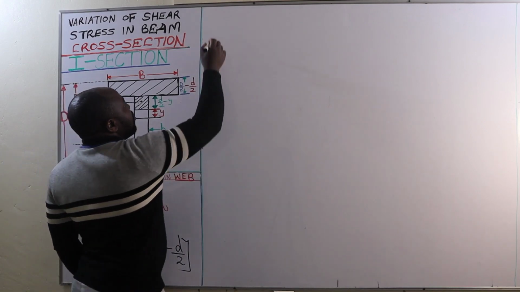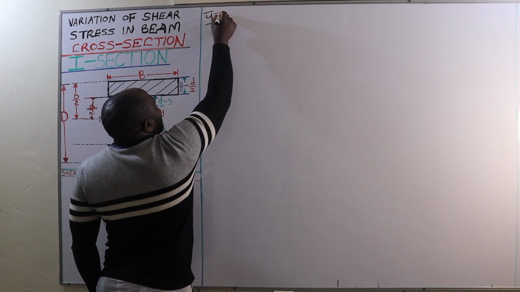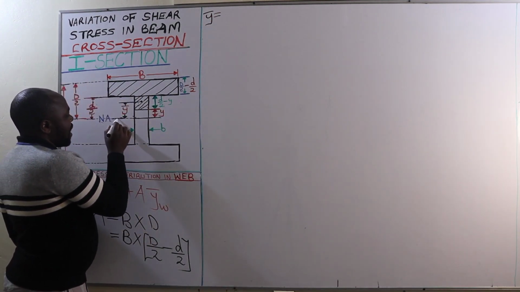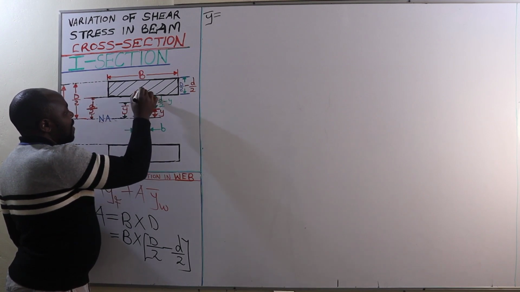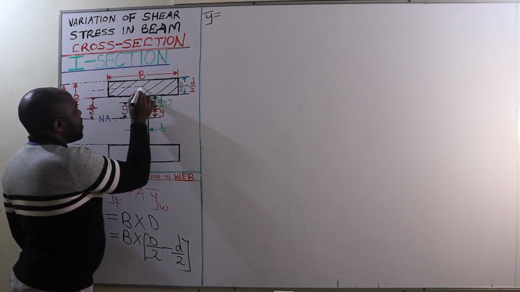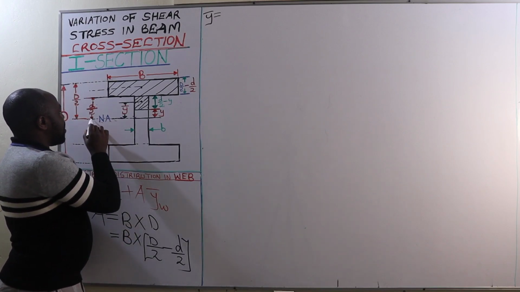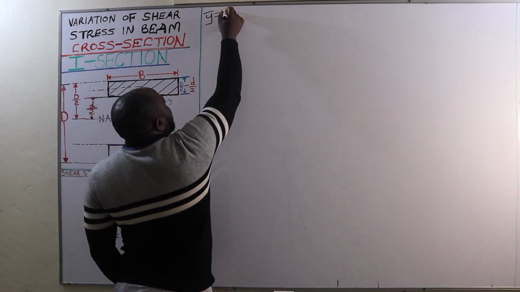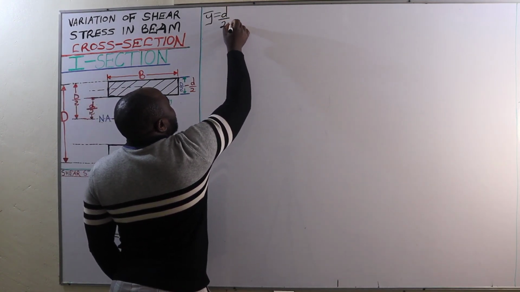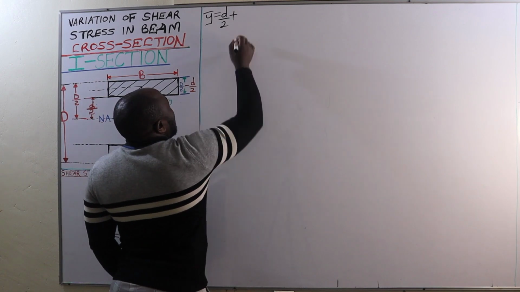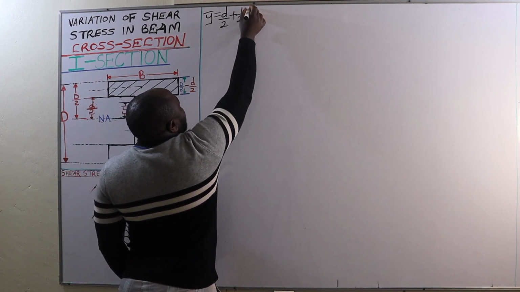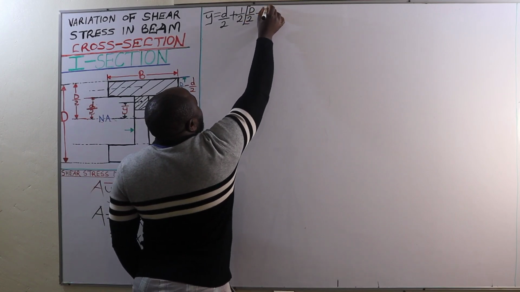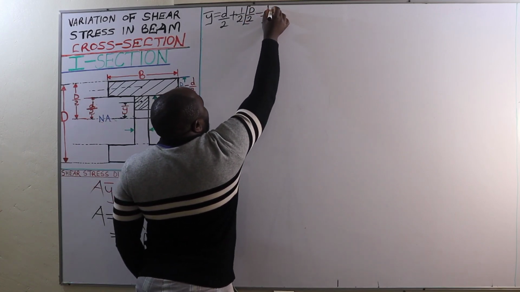Bar y for the flange will be the distance from the neutral axis to the center of gravity of the flange, which in this case is d over 2 plus half the depth of the flange. So this is going to be d over 2 plus half the depth of the flange, and the depth of the flange is D over 2 minus d over 2.